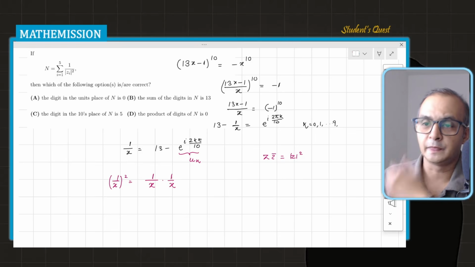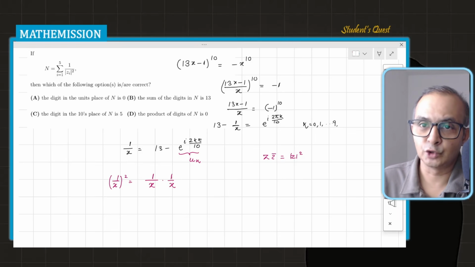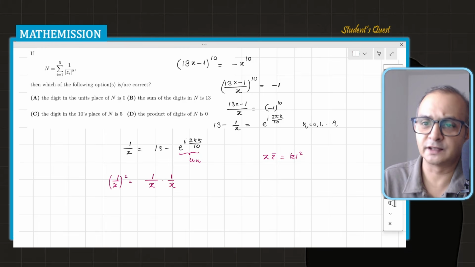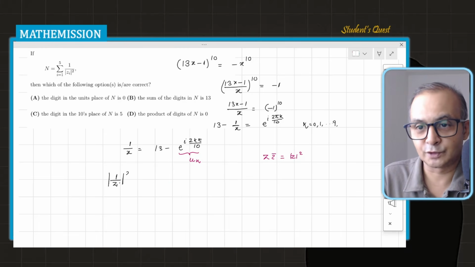I'm using the fact that x is a complex number. Let me just put z there, otherwise it will be confusing for many of the students. So 1 by z squared I can write as (13 minus uk) into (13 minus uk conjugate).